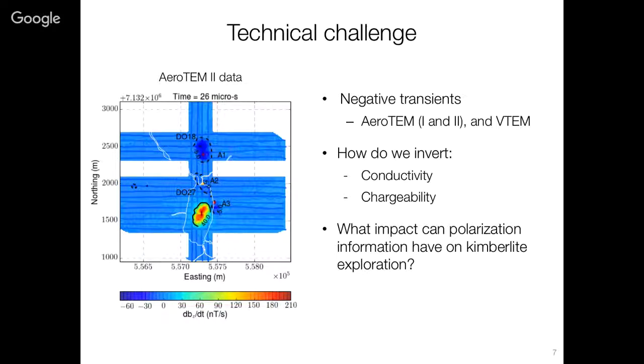And here's the really interesting part from my perspective, and that is that time domain experiments were done in this, and this was done with an AeroTEM system, an AeroTEM 1. They flew across here, and the earliest time channels were negative.